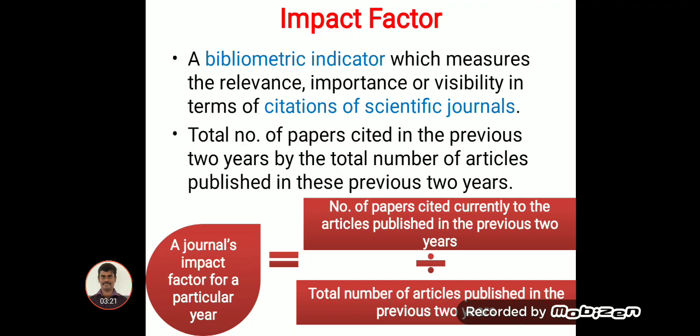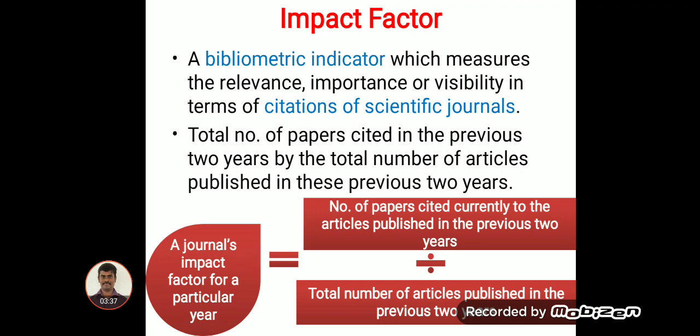What is impact factor? It is a bibliometric indicator which measures the relevance, importance, or visibility, in terms of citations, of scientific journals. So how is this impact factor calculated?